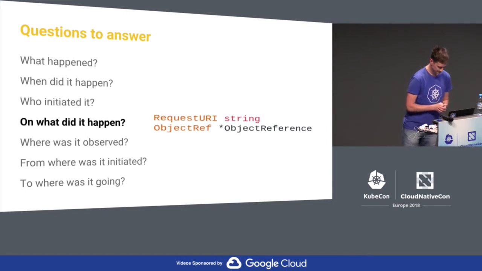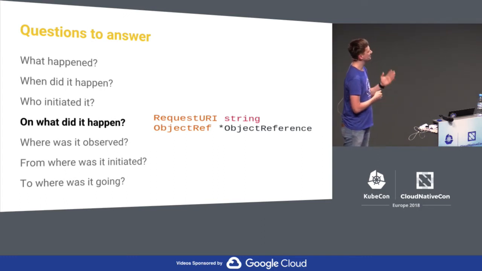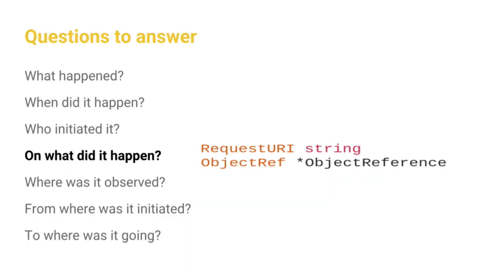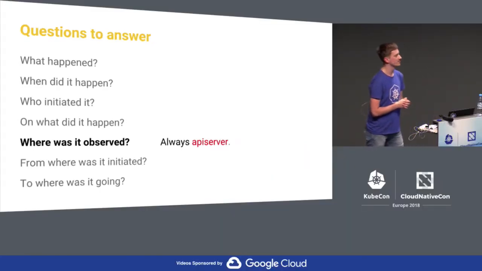Next question. On what did it happen? For this you can look in the request URI or the object graph field. Request URI can't satisfy us all the time. For example, if you are creating a deployment, then you don't have its name in the request URI. You should look in the object graph. Next question, where was it observed?